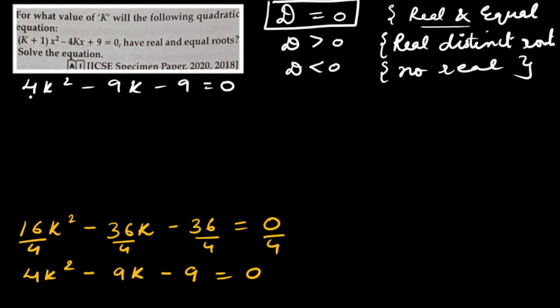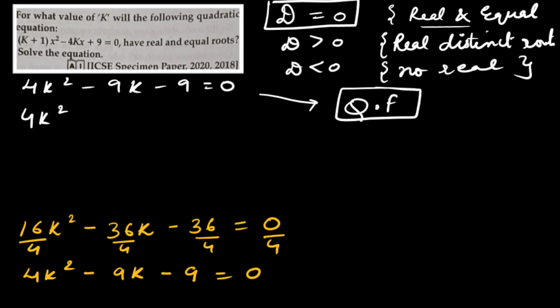Either you can solve it using quadratic formula, or you can solve it by doing factorization also. Anyway is fine. Okay, so let us do by factorization. By quadratic formula also you can solve this. Those who are more comfortable using quadratic formula, you solve it using quadratic formula only.